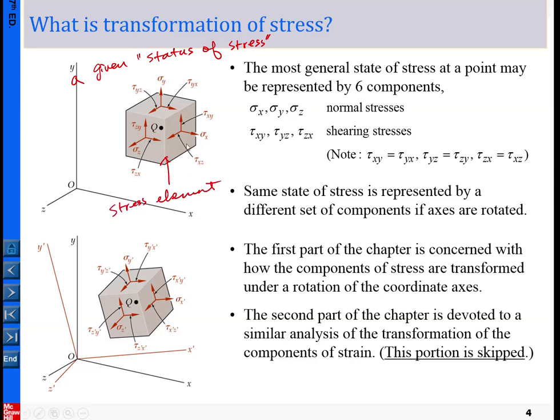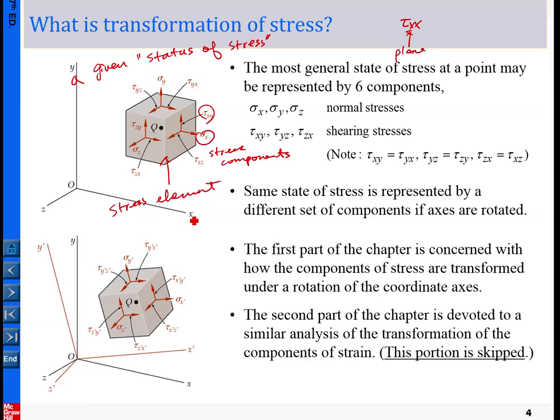On the stress element, there are nine stress components distributed. Each of those is called a stress component. In general, there are nine stress components, and per our terminology, if you remember, say tau xx, the first index is the plane on which it acts.